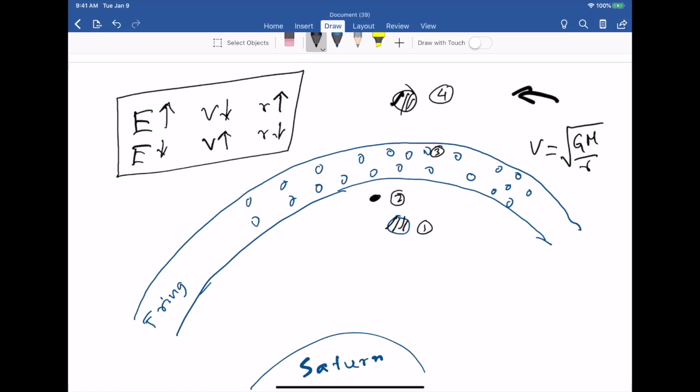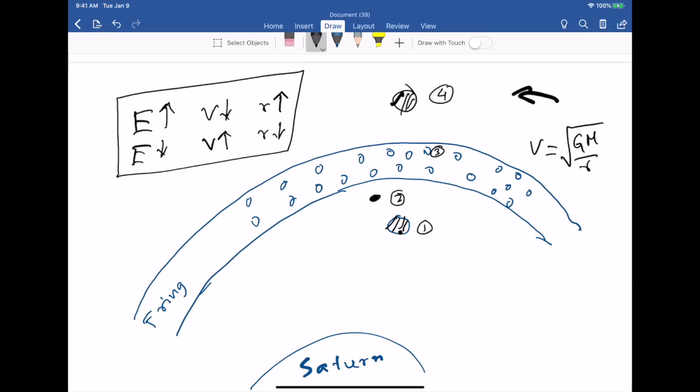And this particle is just tiny, it's like a pebble. So it's going to feel a force as the inner shepherd moon passes by it, right? So that tug due to the inner shepherd moon, every time it passes by ring particle 2, will give extra energy to ring particle 2.